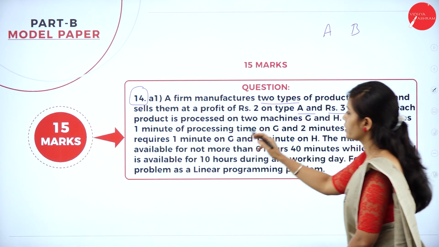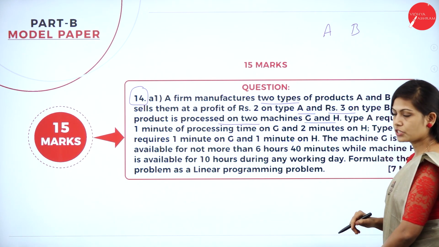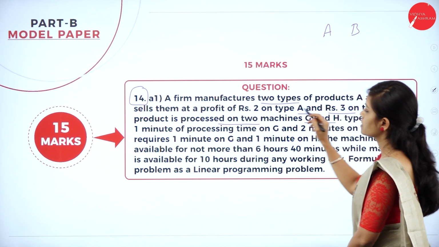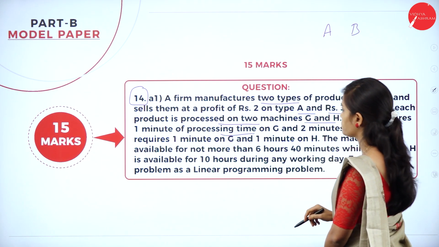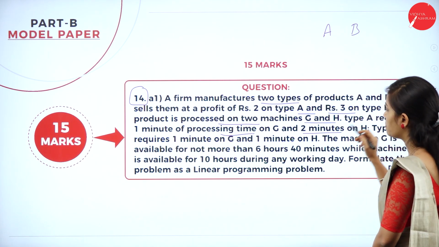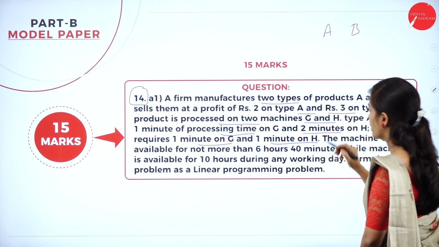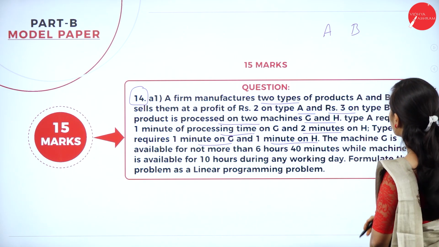And each product is processed on 2 machines, that is G and H. Type A requires 1 minute of processing time on G and 2 minutes on H. Type B requires 1 minute on G and 1 minute on H. Please list out the given instructions.